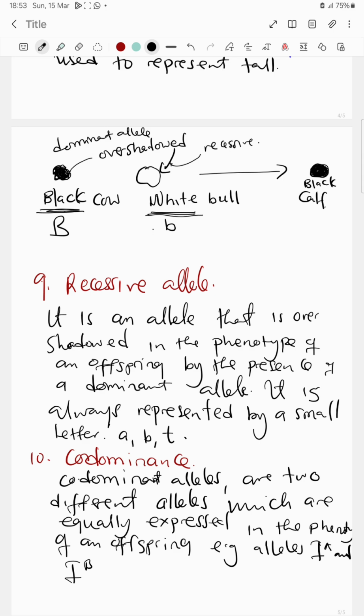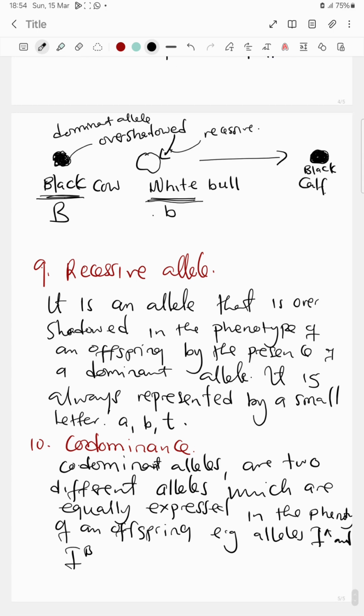That's why we have blood group AB, because allele A was not able to overshadow allele B, and allele B was not able to overshadow allele A. That's vice versa, right? So that's why we have blood group AB, because they are codominant. No one can overpower the other.